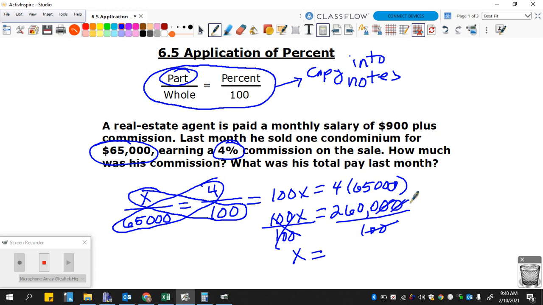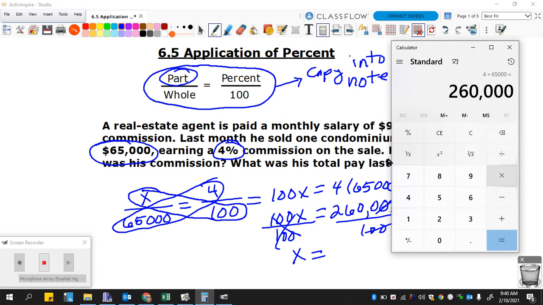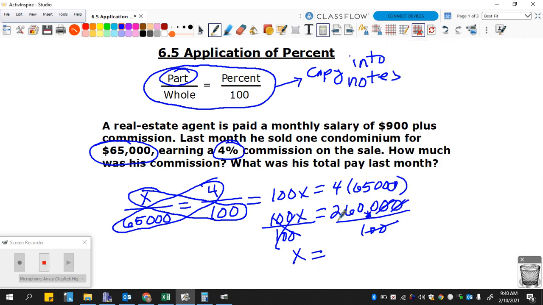So 260,000 divided by 100 is 2,600. So what does that tell us? Well, that tells us that his commission on that one sale is $2,600.